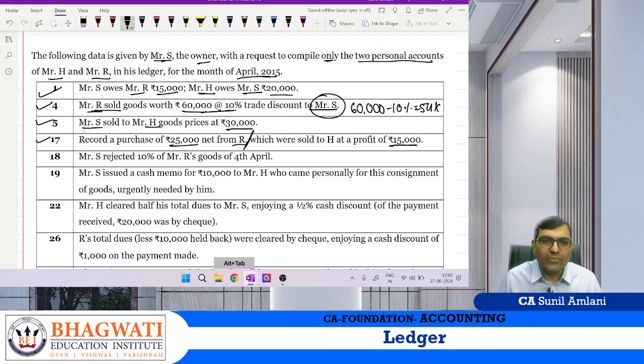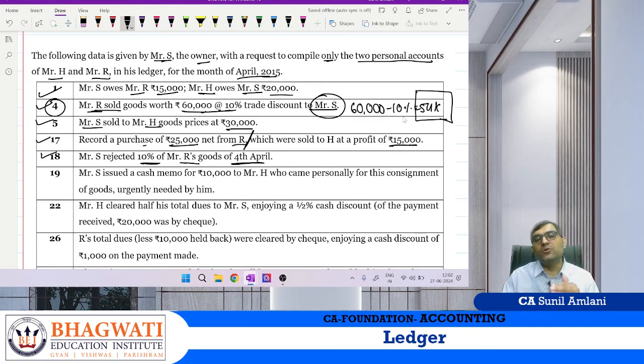Okay. Now, 18th, Mr. S rejected 10% of R's goods of 4th April. Okay, so in 4th April, we purchased total goods at 54,000. 10% goods we are rejecting. So we are sending it back. If this is purchase, this will be what? My purchase return.